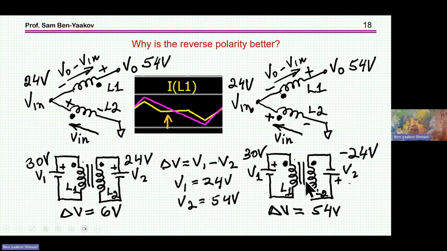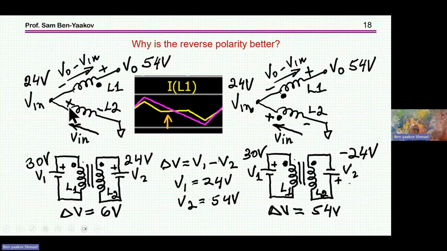And it's going to be large, while in the case of the point that I'm showing here, when we have the coupled inductor, when one transistor is conducting and the other one is not, then we have this slope.